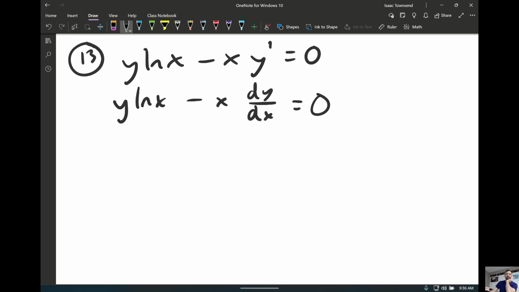Alright, so again, this one's just a little bit messier, but you could add all of this stuff to the right. Again, sometimes you just can't do it in one step. You gotta force yourself to take a couple steps. Add all this over.